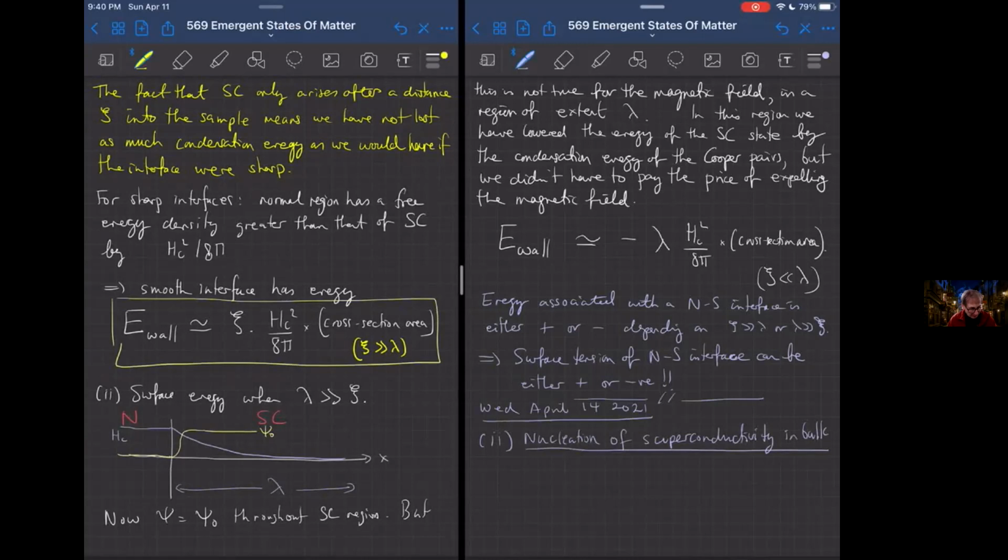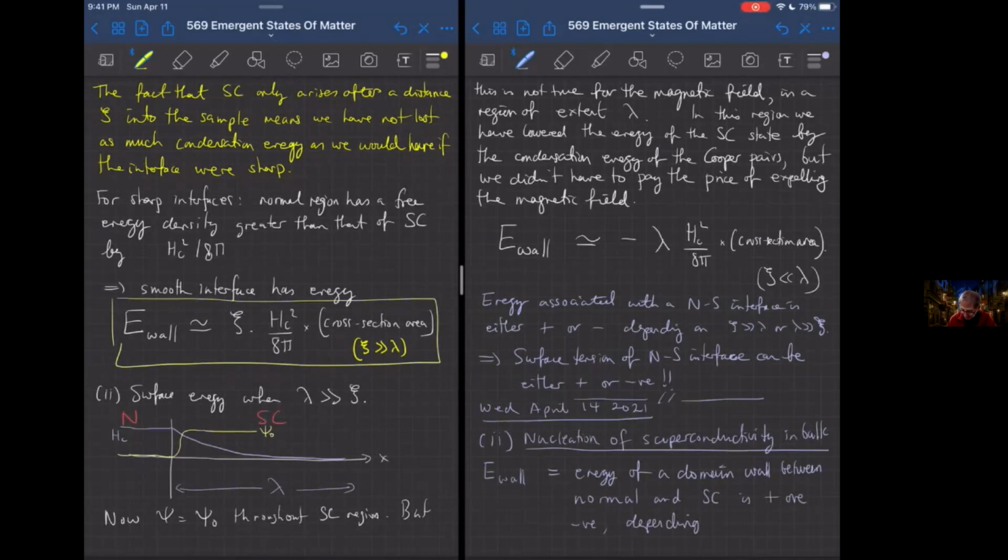So what we've seen then is that the energy of a domain wall between normal and superconducting states can be either positive or negative, depending on whether xi is larger than or smaller than lambda.